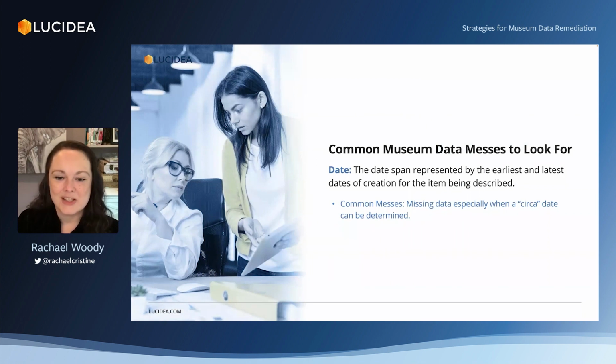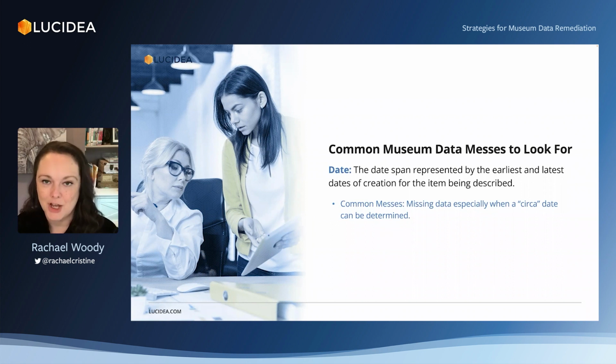Next field is the date field, and depending on your collection, depending on the information you have, this could be a date span, like a beginning to end date span, could be a very specific month, day, year, could just be a year, could have a circa. You have several options here depending on what you need.